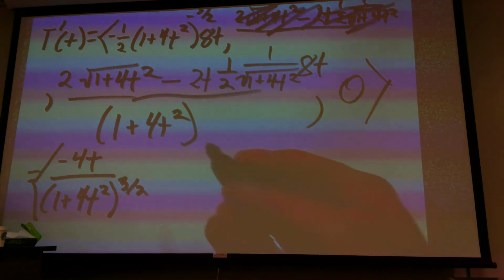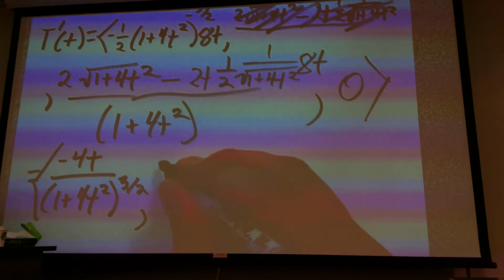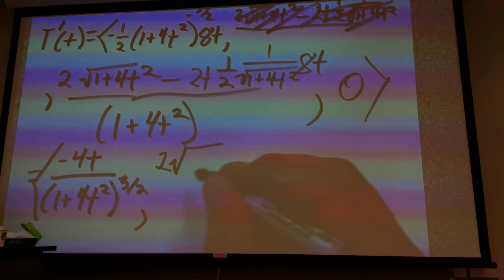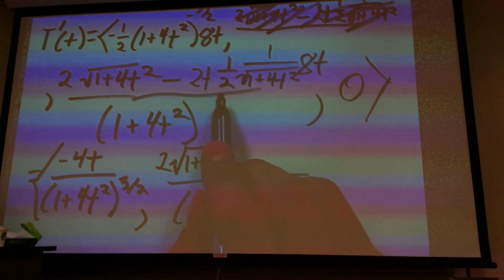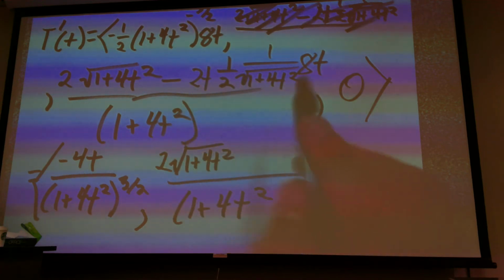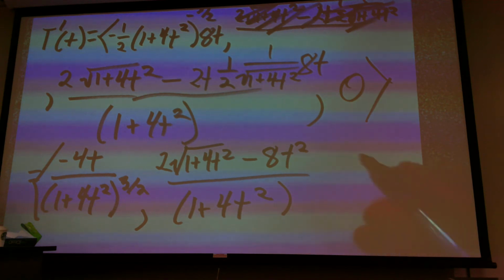So that would be now 2 times the square root of 1 plus 4t squared divided by 1 plus 4t squared, minus 8t squared, times 1 divided by the square root of 1 plus 4t squared. Then we got that 0 right there.